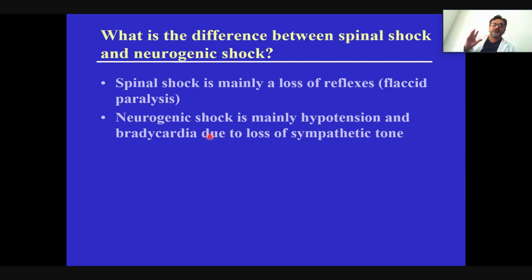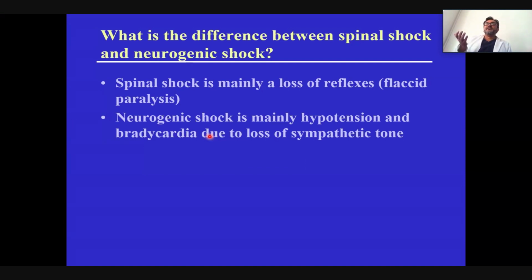That is called a shock. In spinal shock, the neurons within the spinal cord stop discharging electrical activity for a period of time just below the level of injury. So wherever you have the spinal cord injury, below that the neurons stop firing for a period of time. That is called spinal shock.